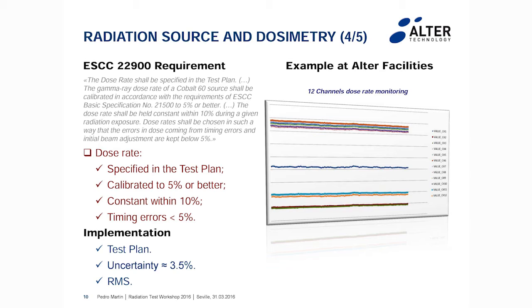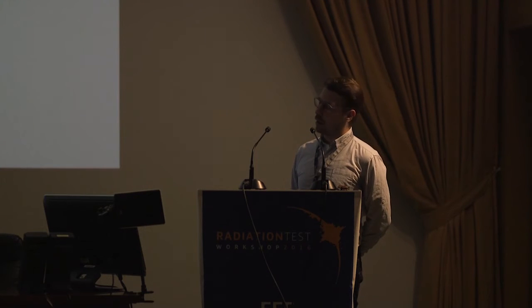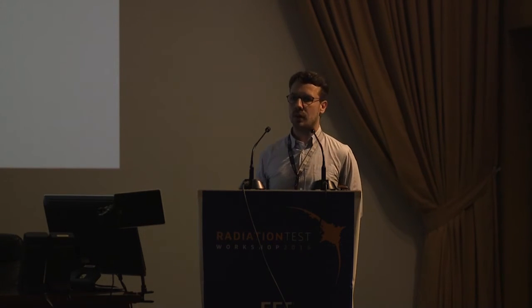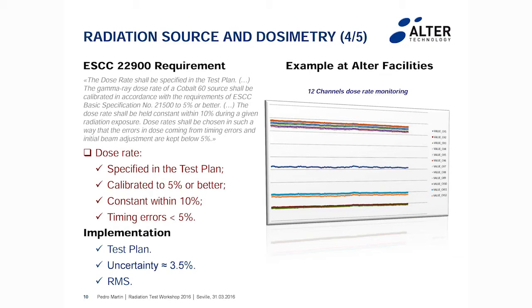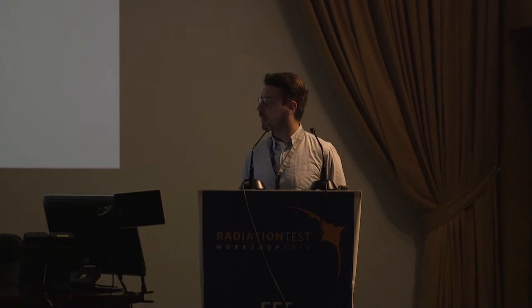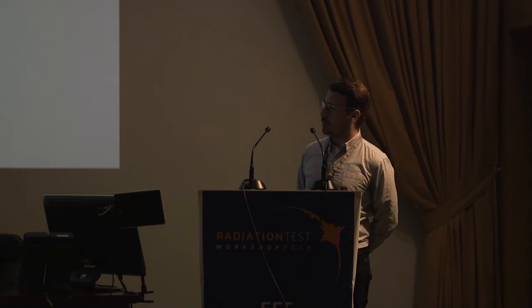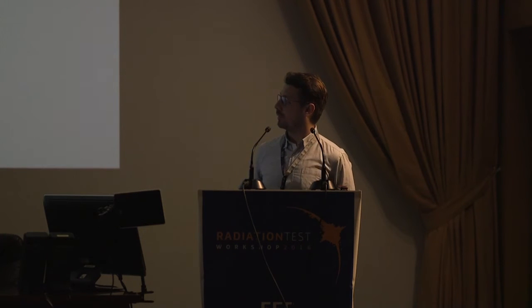So in our case, we have implemented a RadLab monitoring system, a system to monitor the dose rate every 2 minutes. In such a way, we can guarantee that the dose rate is constant along the radiation test. And about the calibration, we can guarantee around 3.5% based on the calibration certificate.